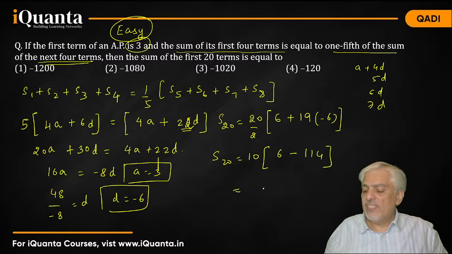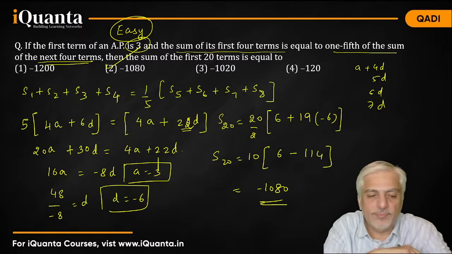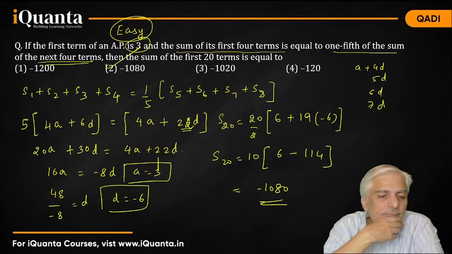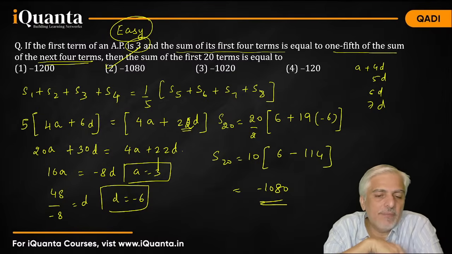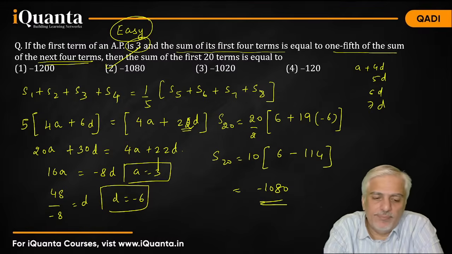So negative 1080. Second option. Got that, everybody? Everybody clear? Great. Let's go ahead.